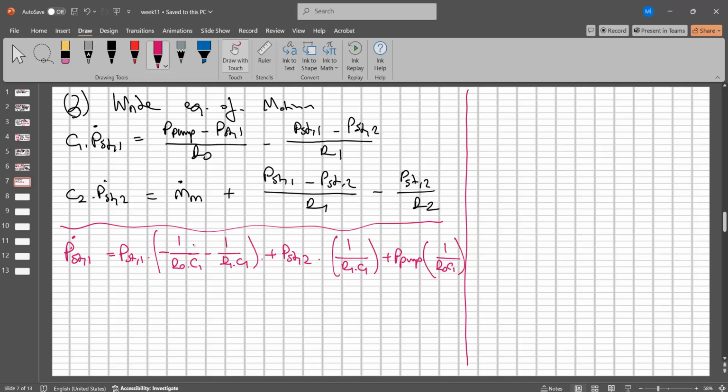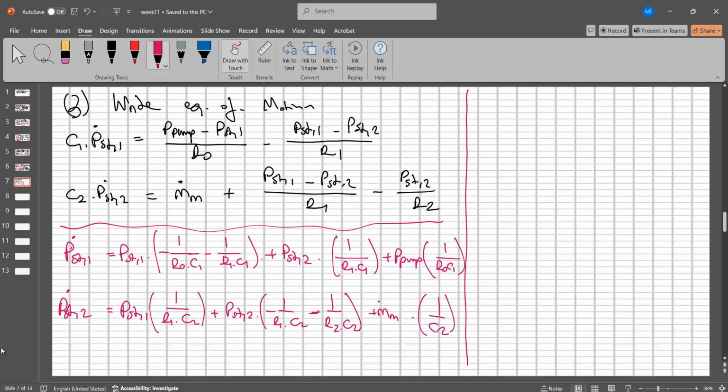This is just a reorganization of the whole equation. And also PST2 dot is equal to PST1 times 1 divided by R1 C2 plus PST2 times minus 1 divided by R1 C2 minus 1 divided by R2 C2, okay, plus MM dot times 1 divided by C2, okay. These are the equations of motion.